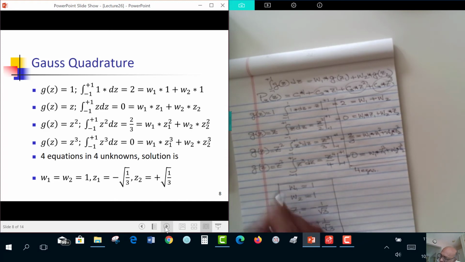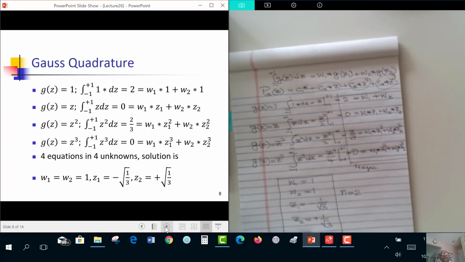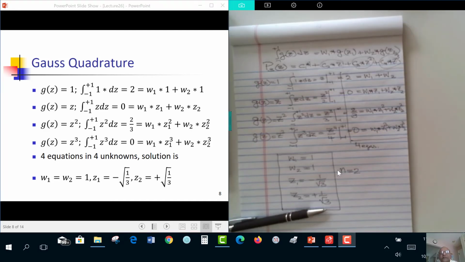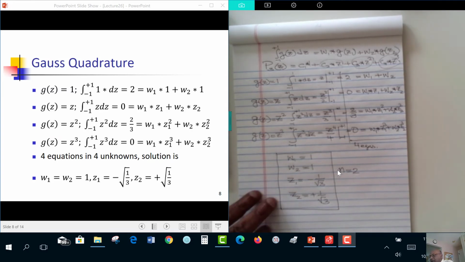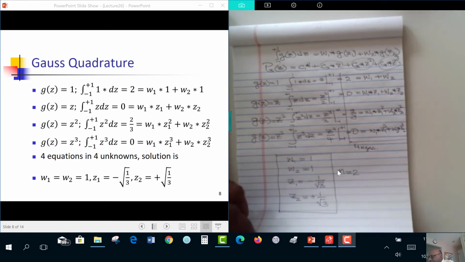Right? So this is for n equal to 2 points. Okay, so that was a lot of work, but for 2 points, we got the weights and we got the nodes at which we need to evaluate our function to get the integral value.